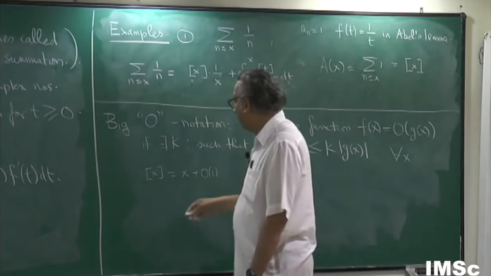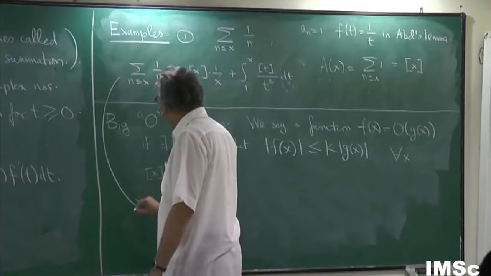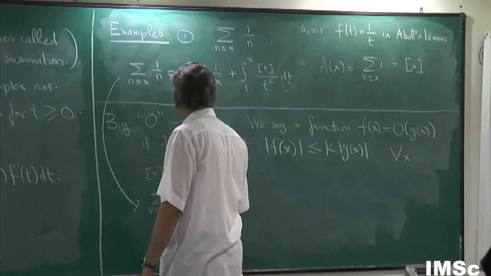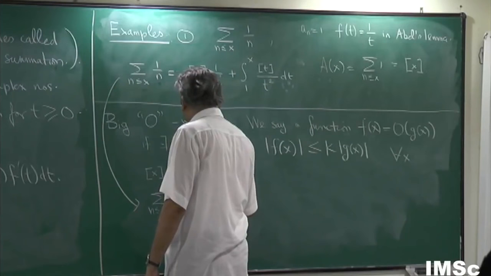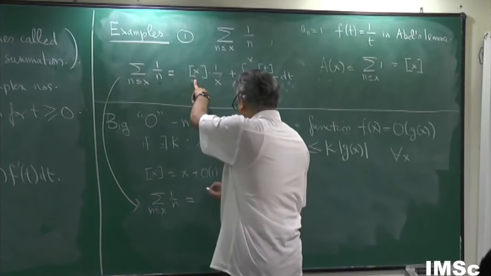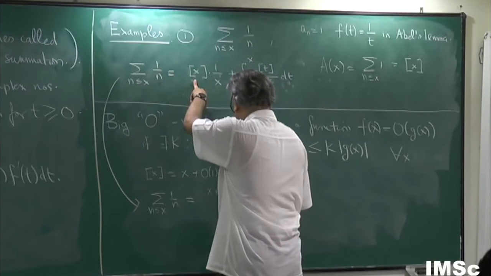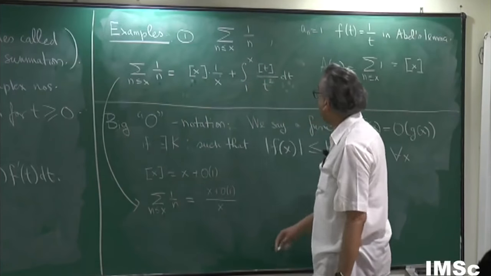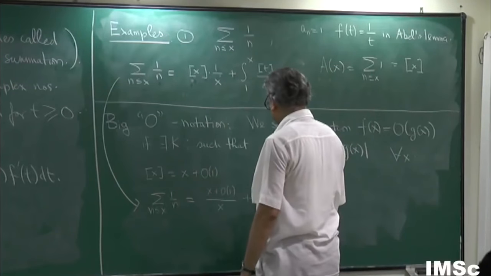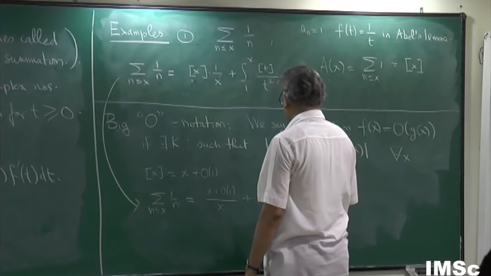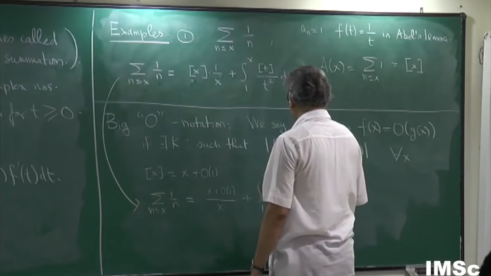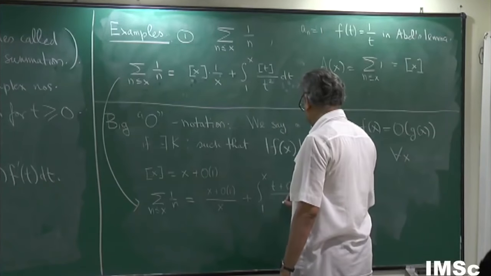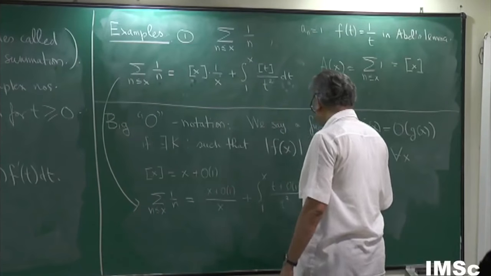All right, so if I write that for this greatest integer of x, then that's x plus O of 1. So now we can rewrite this as summation n less than x, 1 over n equals, well, the numerator is now x plus O of 1 divided by x, plus the integral from 1 to x of t plus O of 1 divided by t squared dt.